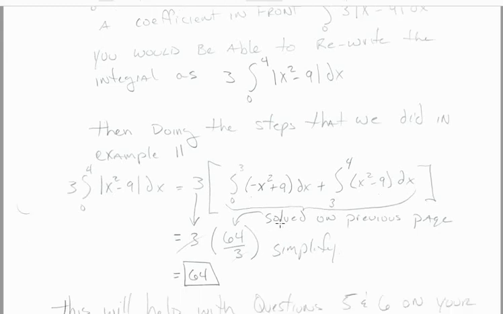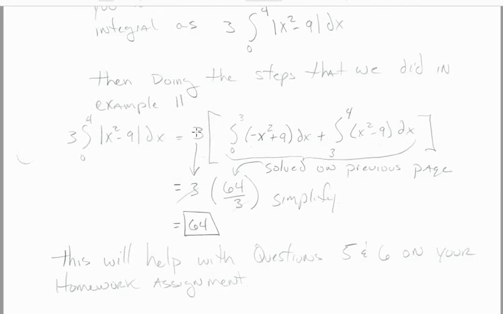I'm not going to show all the steps here because we just did it. But we ended up getting 64/3, right? Then at the very end, once you've done all your integration, that 3 that you factored out in front sticks with you, and then we apply it. So 3 times 64/3 is 64, right? The 3's cancel.